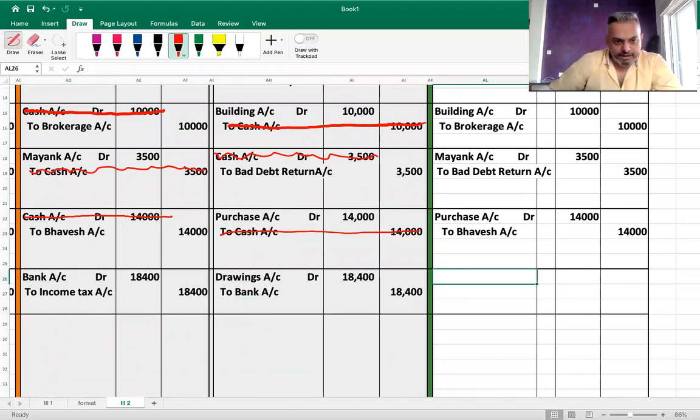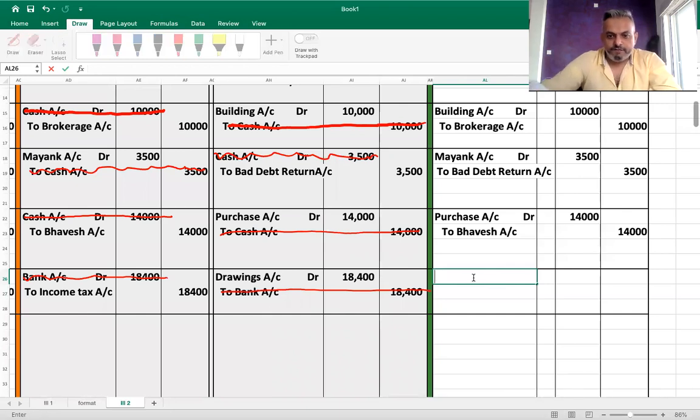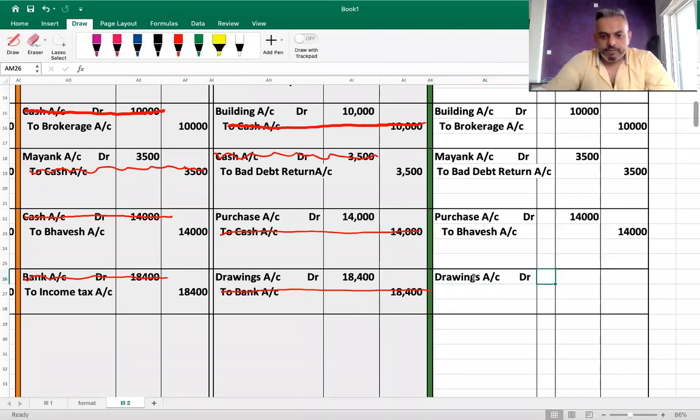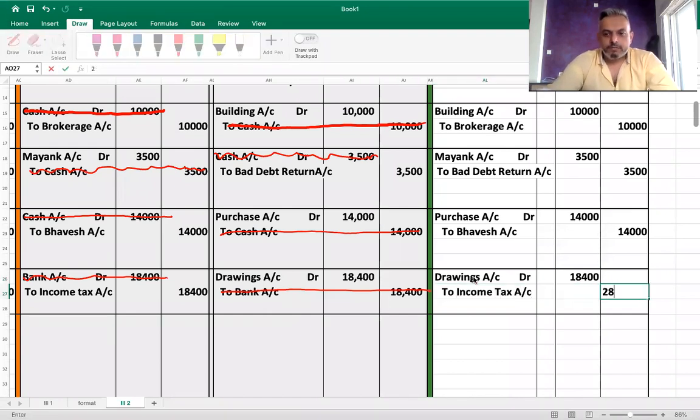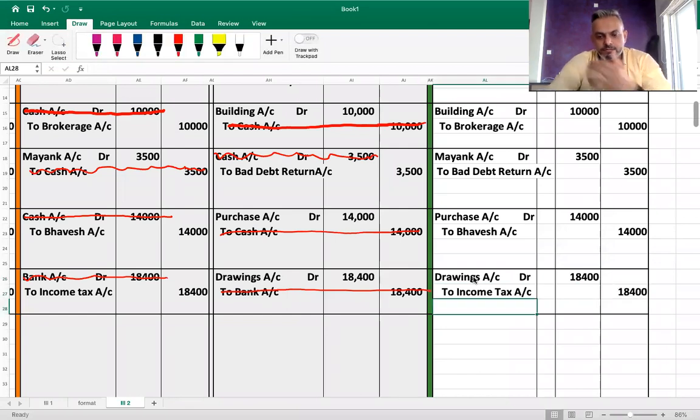So let's combine: bank account debit, bank account credit, cancel. So we are left with drawings account debit 18,400 to income tax account 18,400.